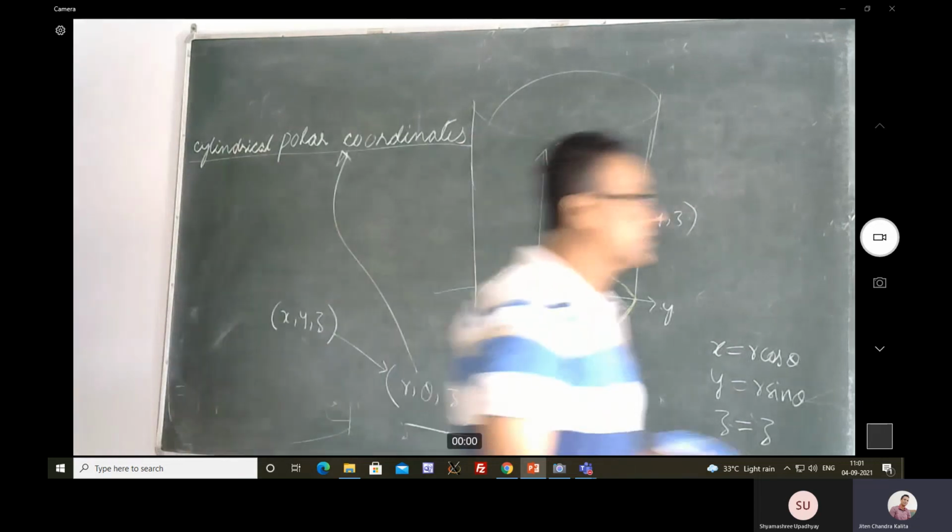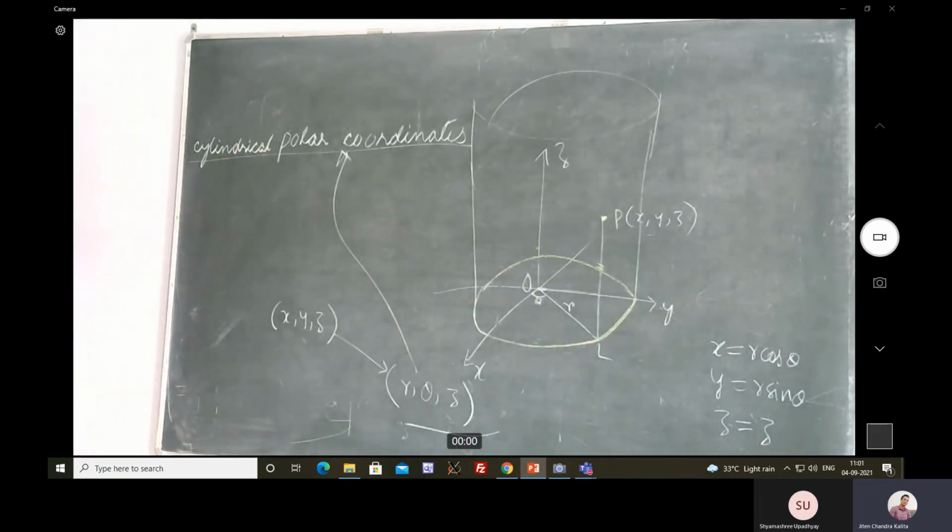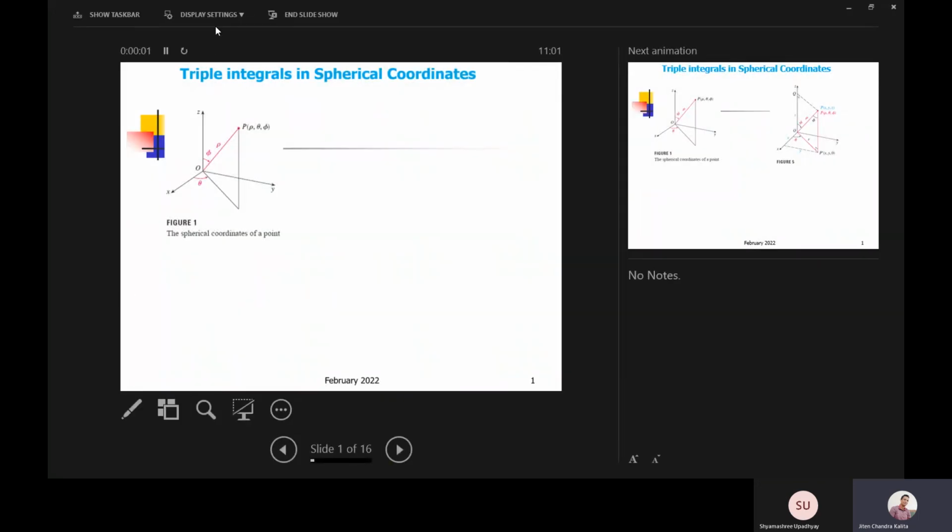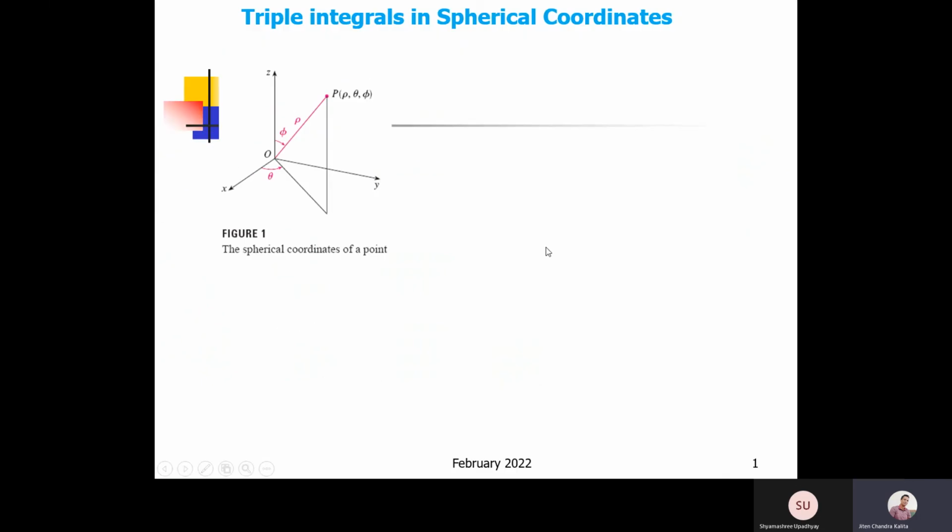Similarly, if you consider spherical polar coordinates, your situation is going to be different. I'm going to explain that to you later on. But for the time being, let us deal with simply cylindrical polar coordinates, and I'm going to quickly browse through how a triple integral is tackled in cylindrical polar coordinates.